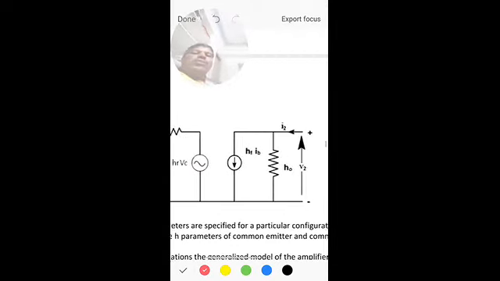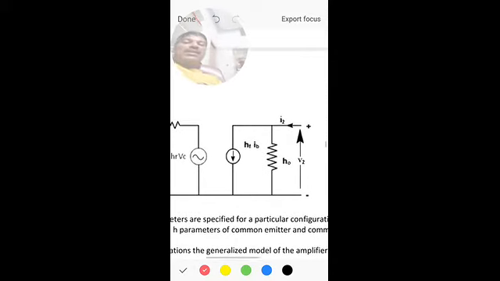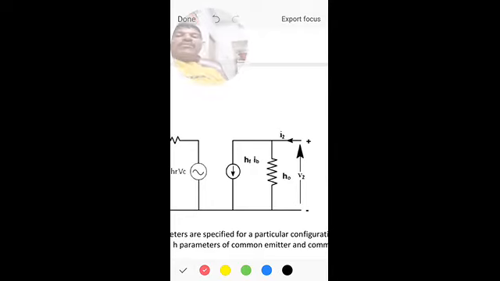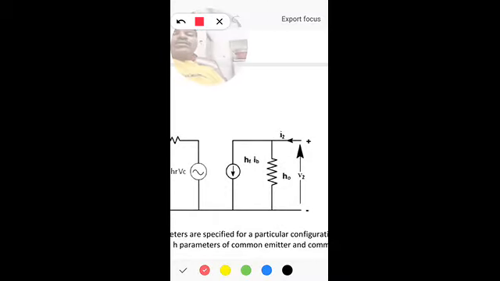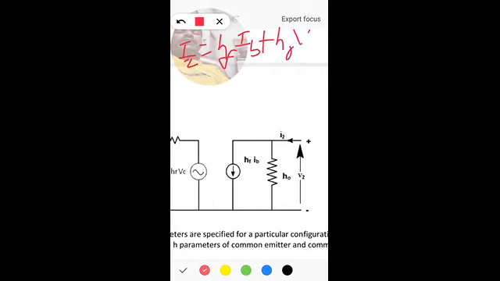Similarly, in the output we have the output circuit of the transistor. Again we can represent the output current of the transistor, I2, which is HF IB plus H0 VC.